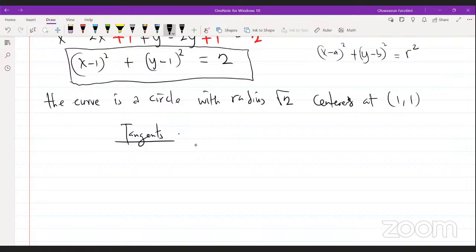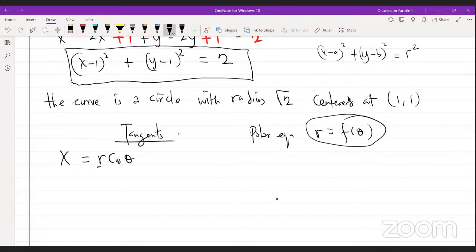Now, in this case, we have given x equals r cosine of theta. I believe we saw this guy. Now, remember, what is a polar curve, or what's a polar equation? A polar equation, let me remind you guys, r equals f of theta. So I want to make this substitution right here.